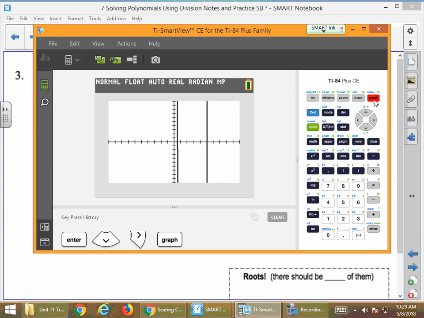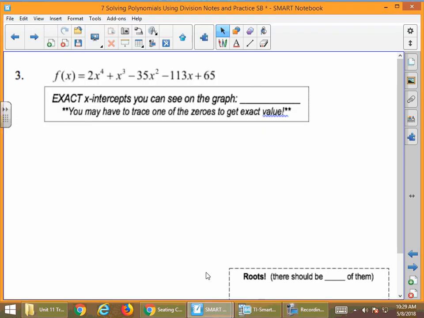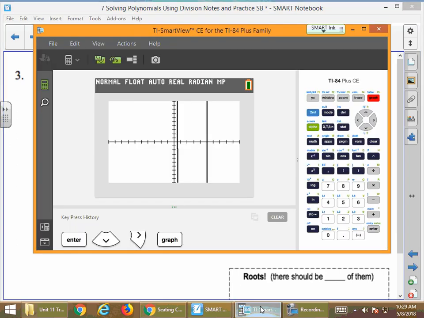And the nice thing is, if you look carefully at the screen, we can go 1, 2, 3, 4, 5. There's one of the roots that we can see. But it's that other root that I want to take a look at here and just remind you how to find it.